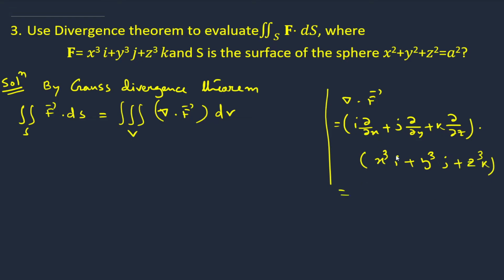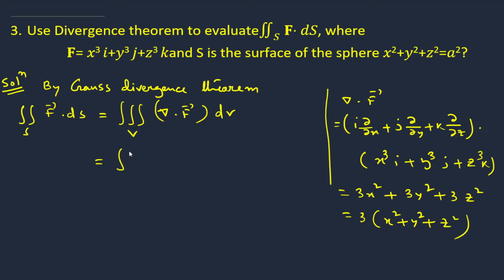Since these are all partial derivatives, and i dot i is 1, del/del x of x cubed is 3x squared, del/del y of y cubed is 3y squared, and 3z squared. So you can take 3 common: x squared plus y squared plus z squared. So you simply put, in place of nabla dot F bar, 3 into x squared plus y squared plus z squared, dV.